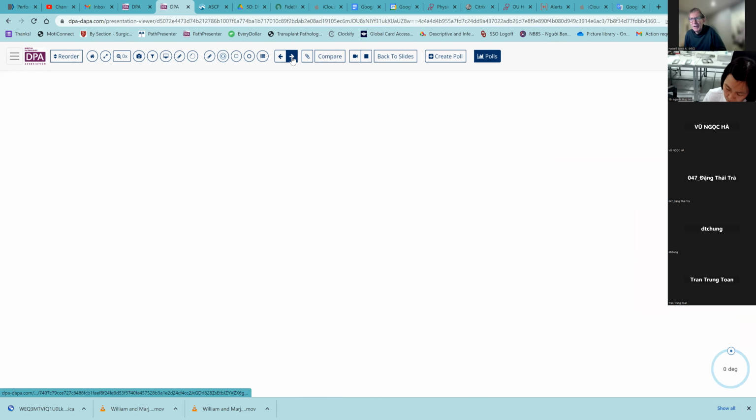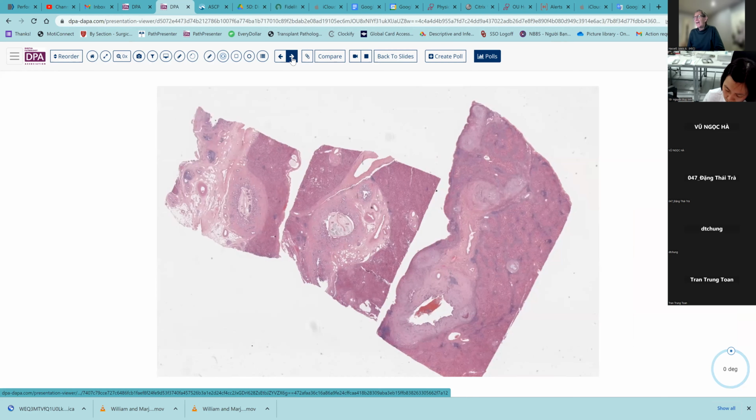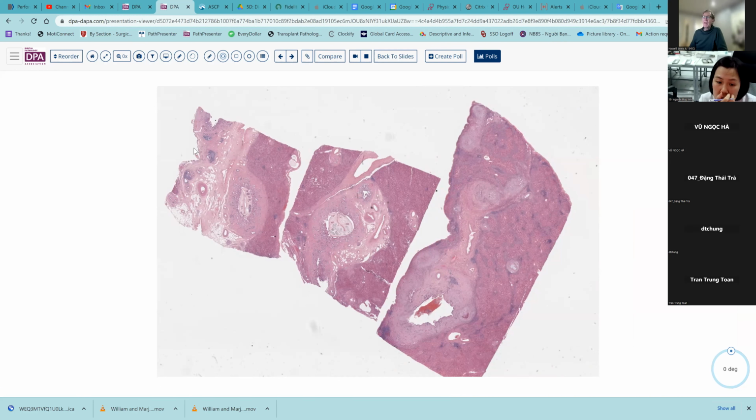Okay, well, here's a little bit of a gem. I don't think I have seen this very often. I hope you haven't seen it very often, because we don't get resection specimens for this particularly often. But this is kind of an incidental finding.